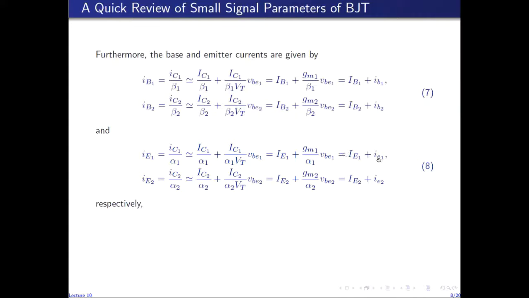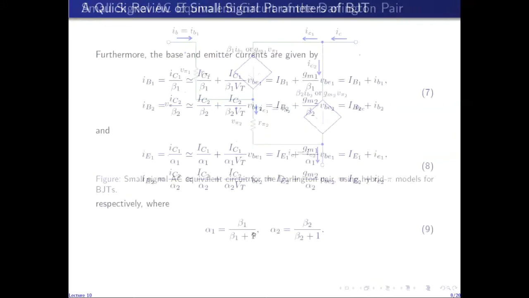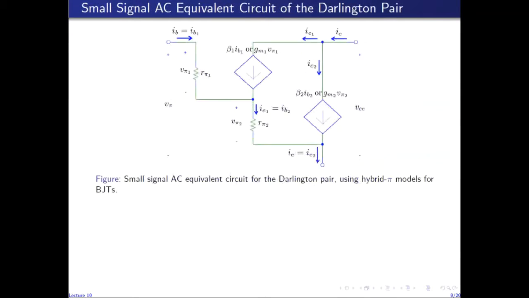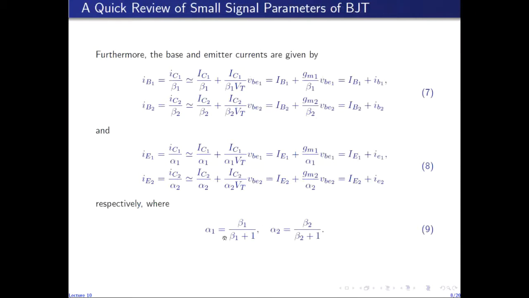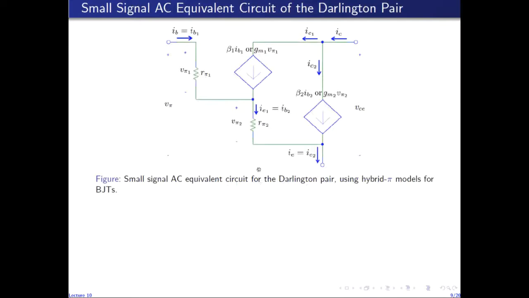We call it the small signal component of the emitter current. And then we define alpha like we did before. It's beta over beta plus 1. So these formulations resulted in the small signal hybrid pi and T models for the transistors.